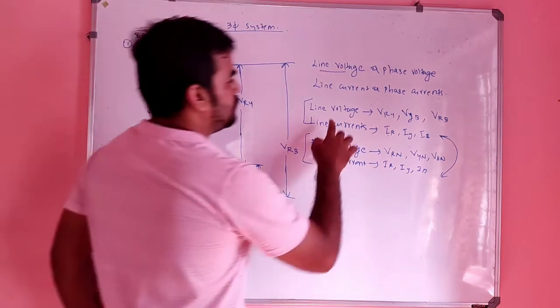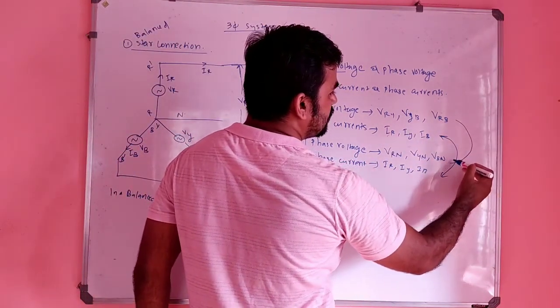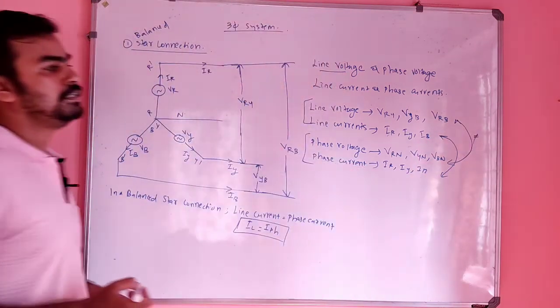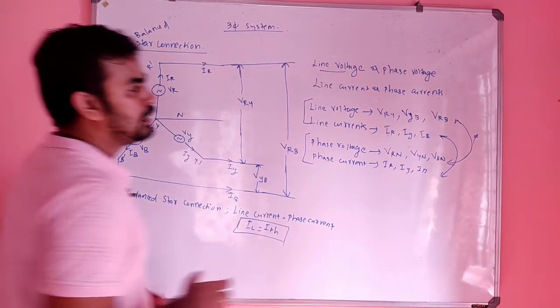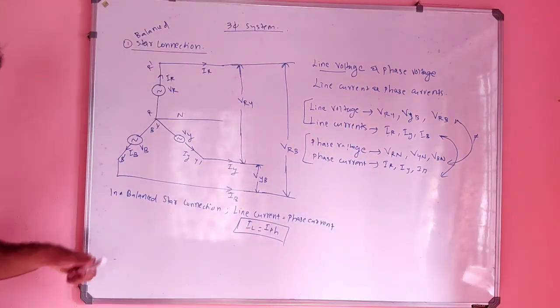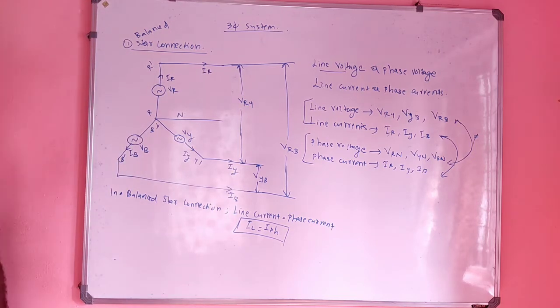But we can't say that this and this are the same. That means the line voltages and the phase voltages are not same in a balanced star connection.